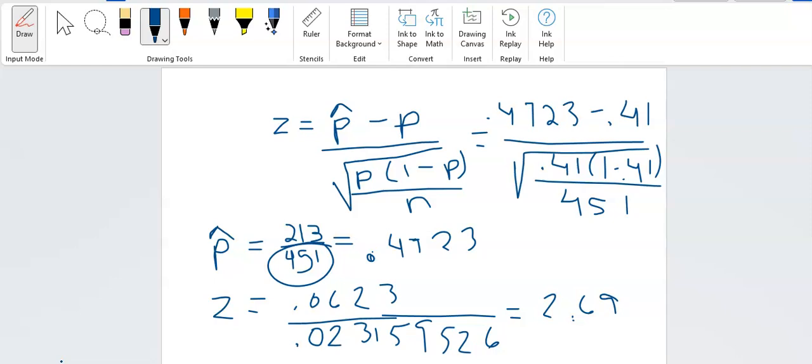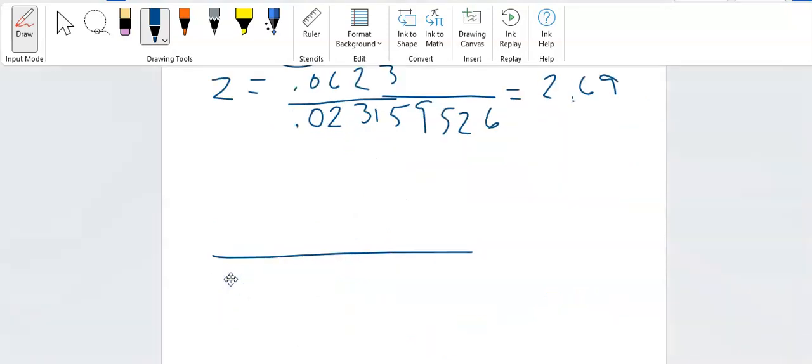And now, let's go back to our page for a minute. Let's remember alpha is 0.10. It's a right-tailed test.